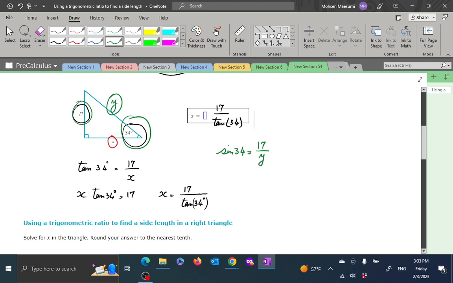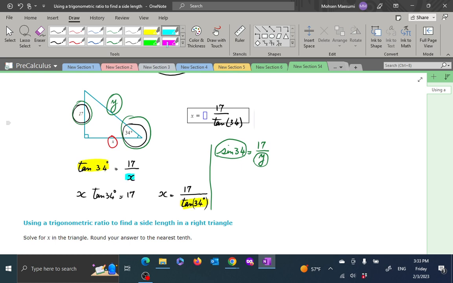Is that right? Sine is the ratio of opposite to hypotenuse. Let's see if we can learn something to do this quickly. If I have an entry here in the numerator and an entry here in the denominator, notice what happened here. I had tangent of 34, now I have the tangent of 34 here.